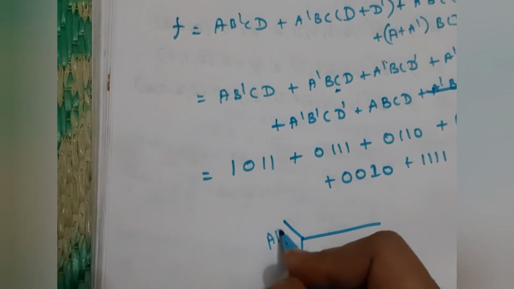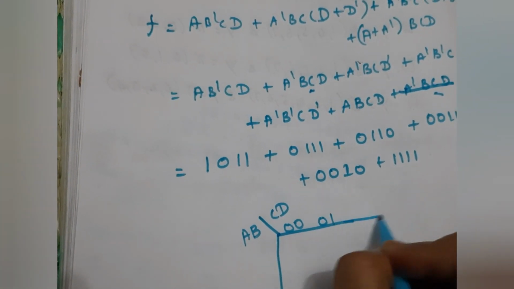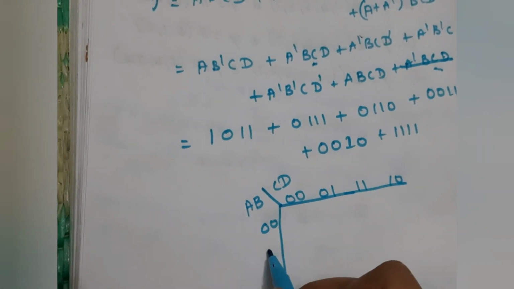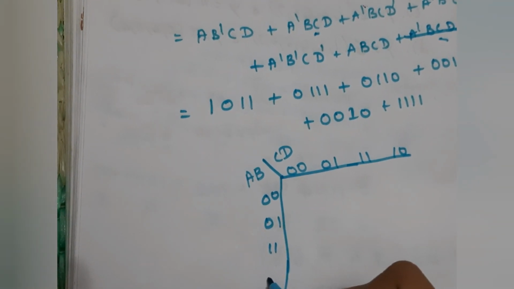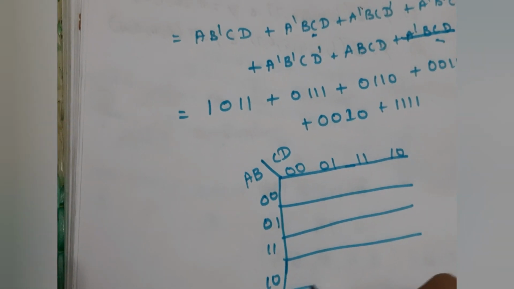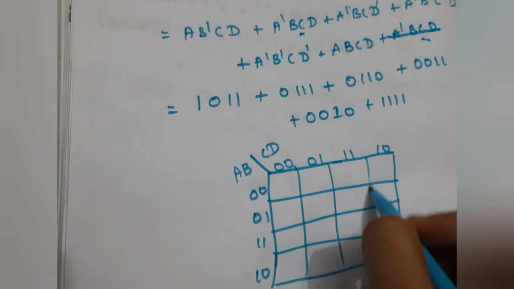So this is AB and this is CD, with 0 0, 0 1, 1 1, 1 0 on both.